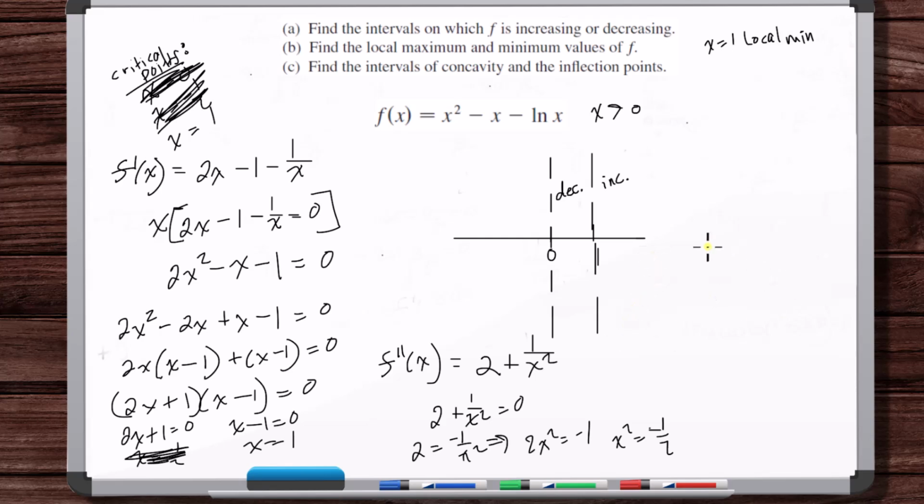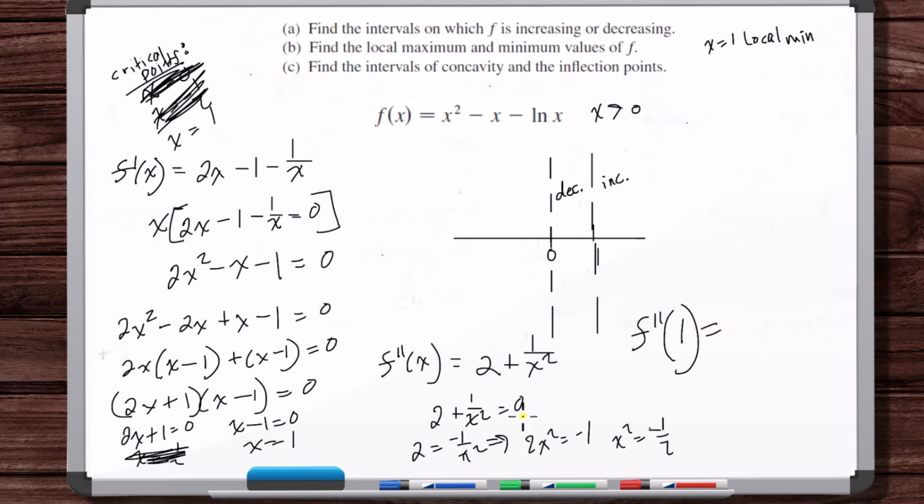That kind of makes sense because think about the natural log of x. It's always concave down. But how do we find out which one? It's going to be concave up or down over the entire domain. Well, we plug in f double prime of anything greater than 0.